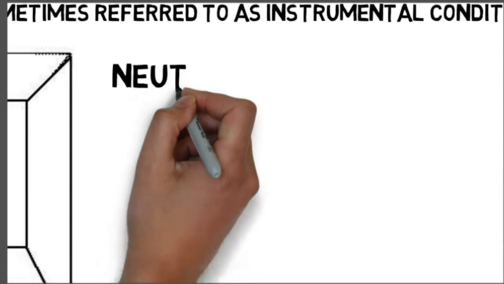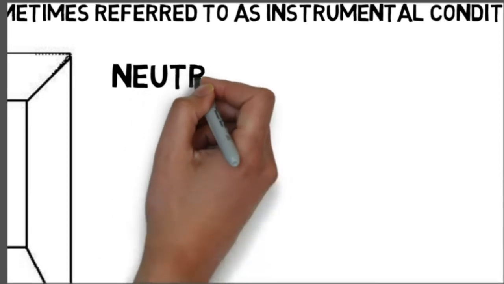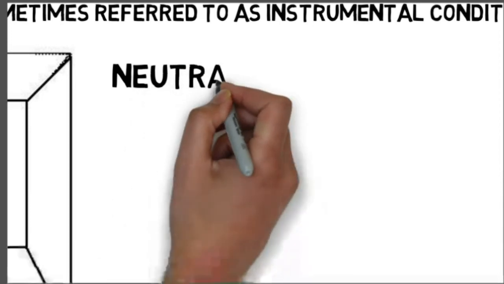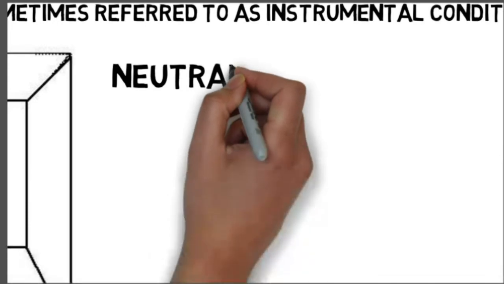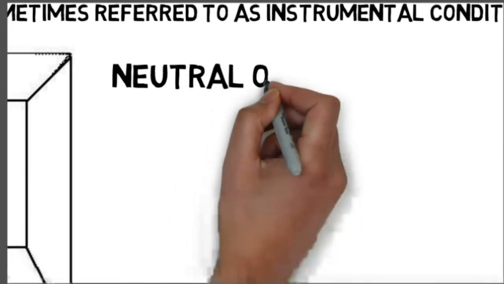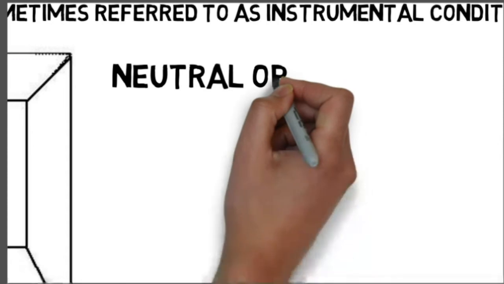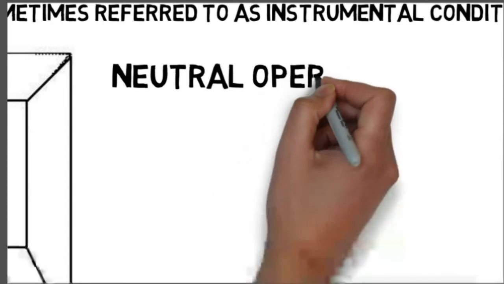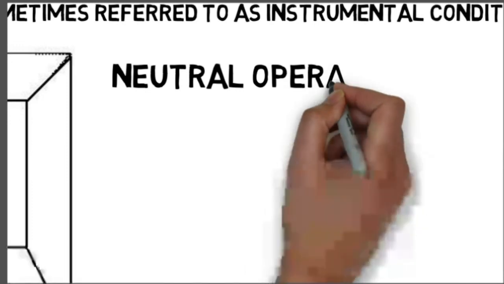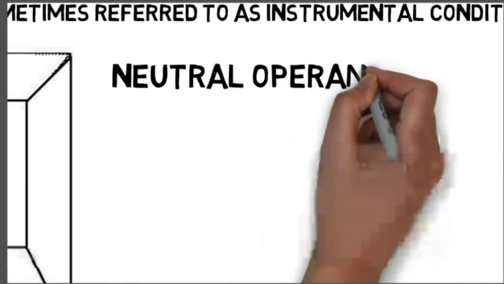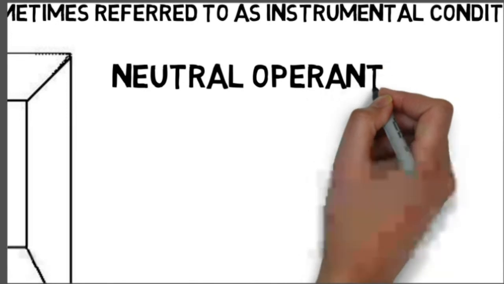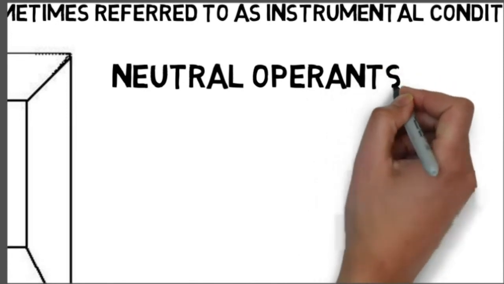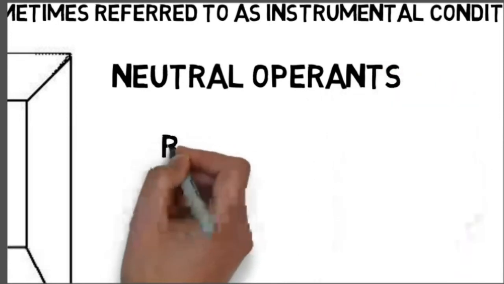Skinner identified 3 types of responses, or operants, that can follow behavior. There are neutral operants, and these are responses from the environment that neither increase nor decrease the probability of a behavior being repeated. There are reinforcers, which are any event that strengthens or increases the behavior it follows.